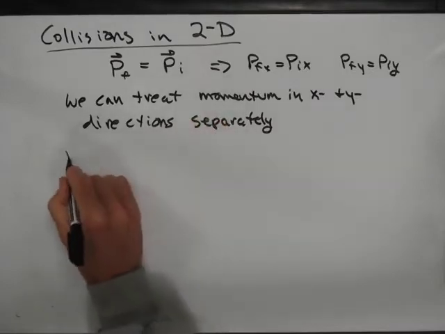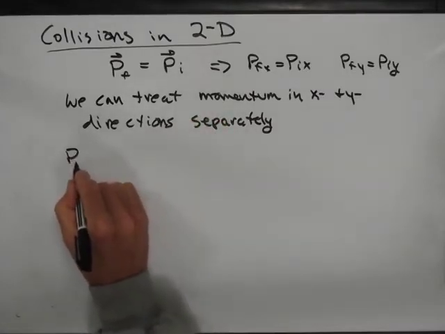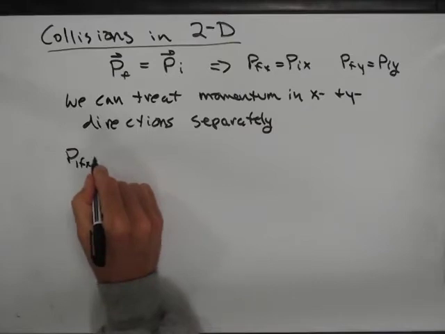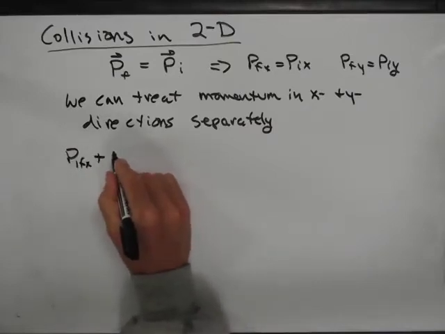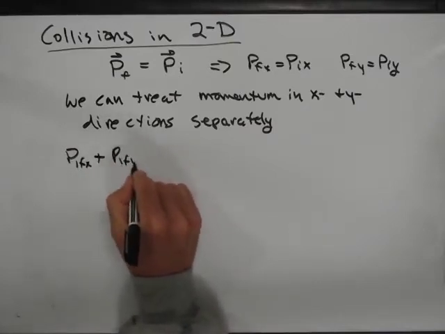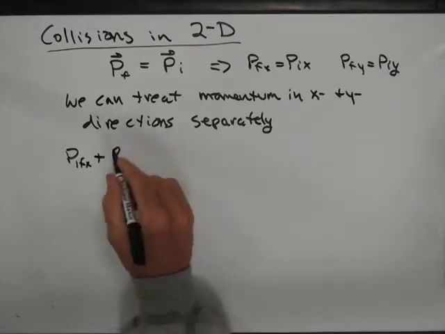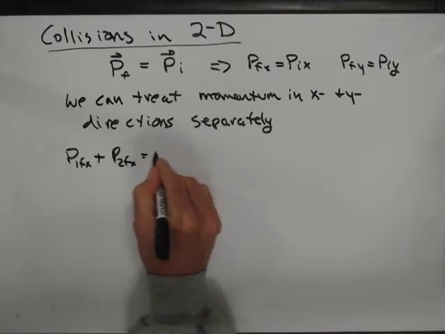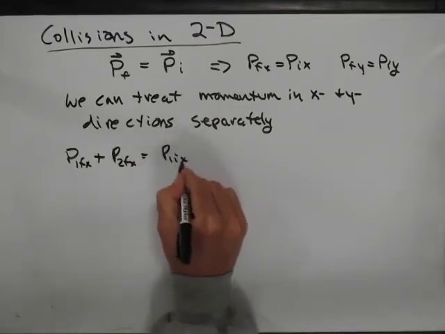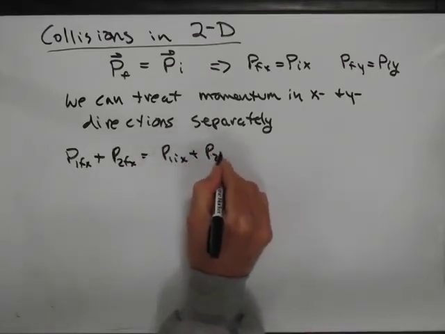And so this equation would become P1 final x plus P2 final x equals P1 initial x plus P2 initial x.